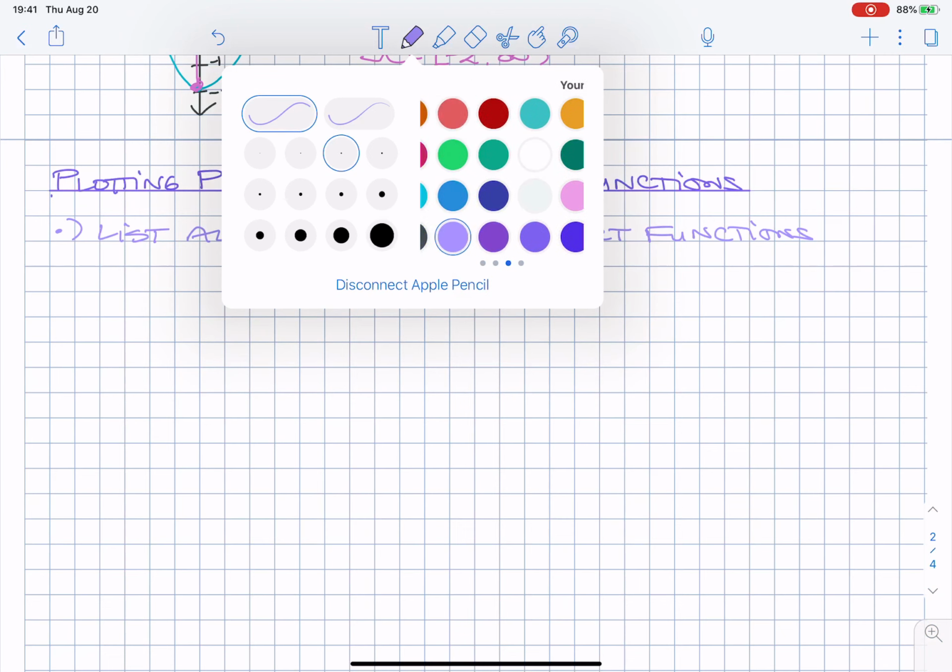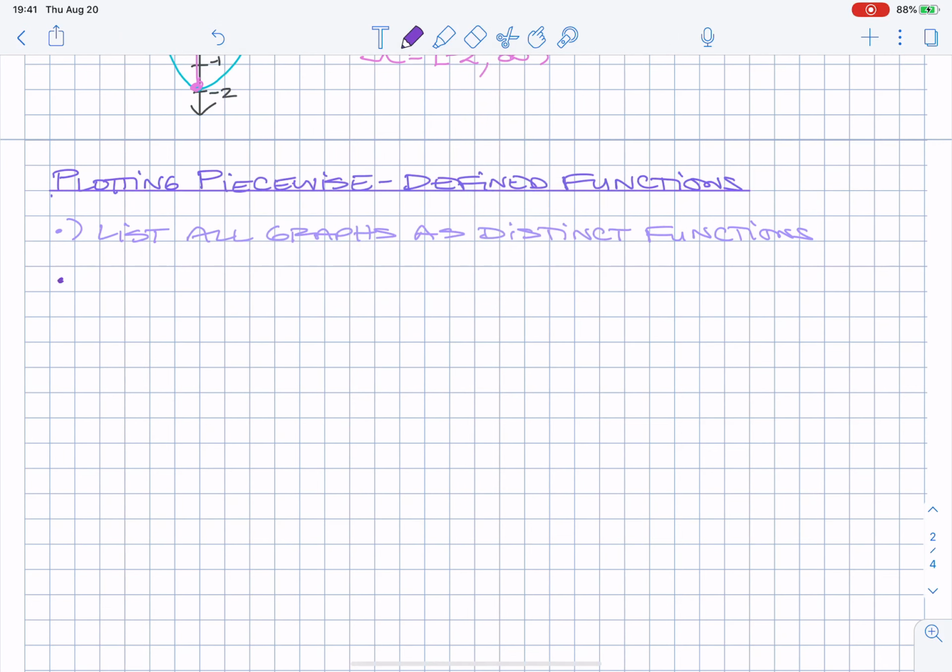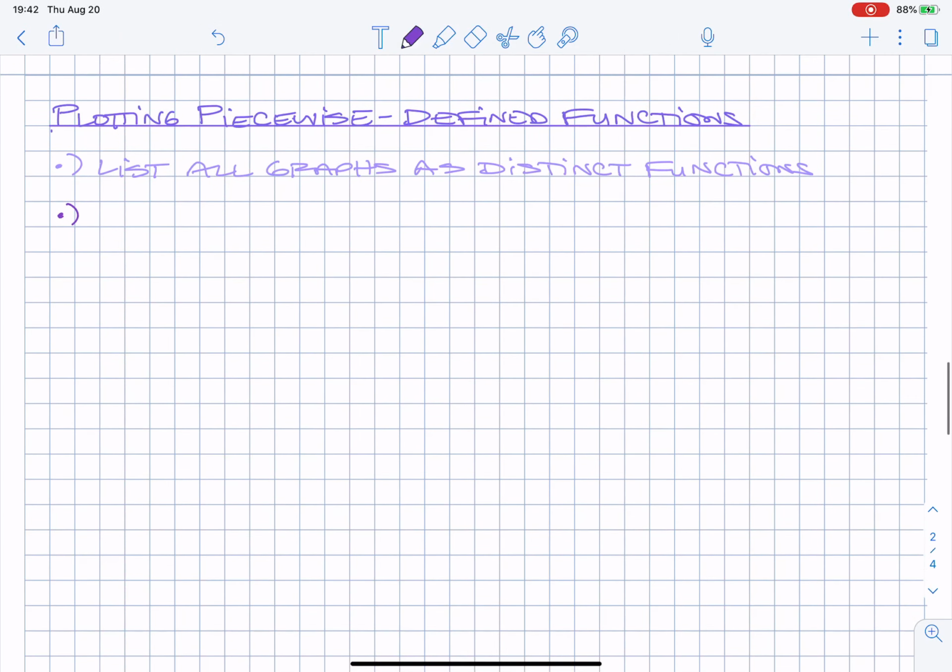Number 2. So now we're going to plot each distinct function as a dashed line, with dotted lines.